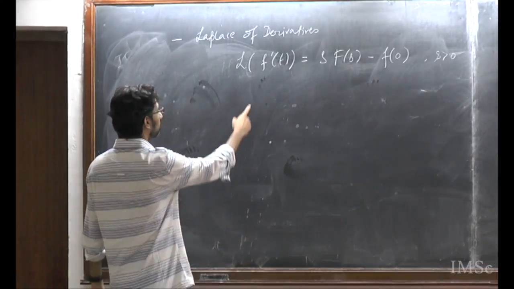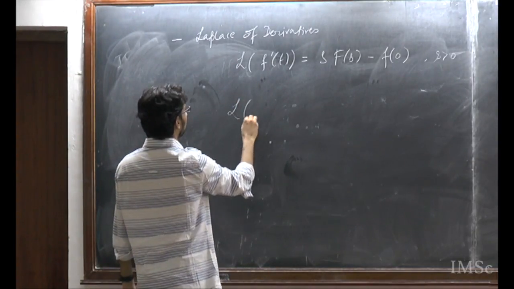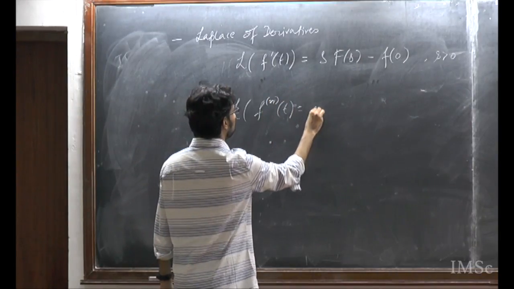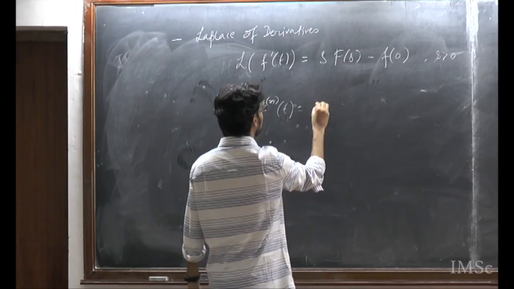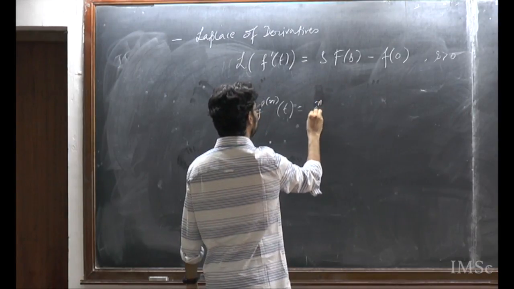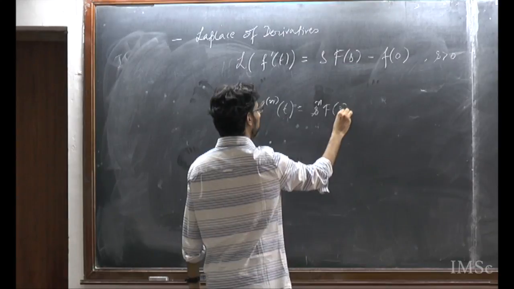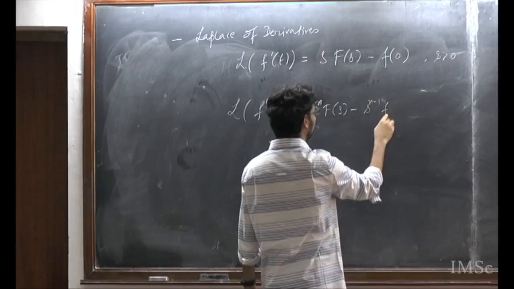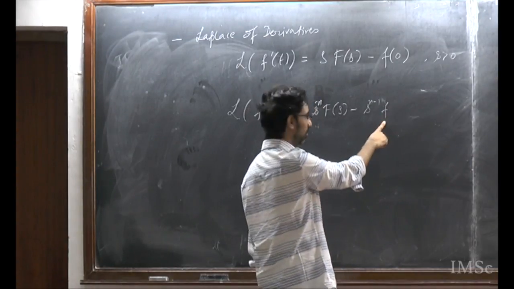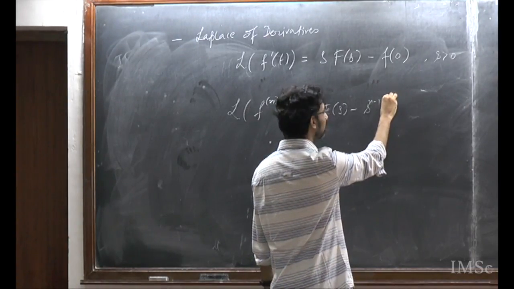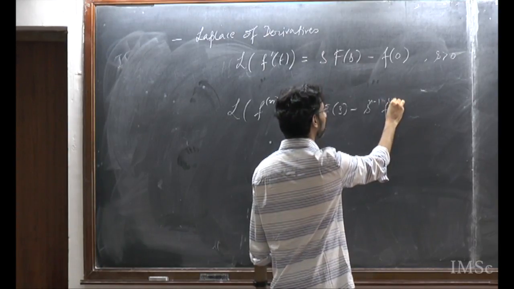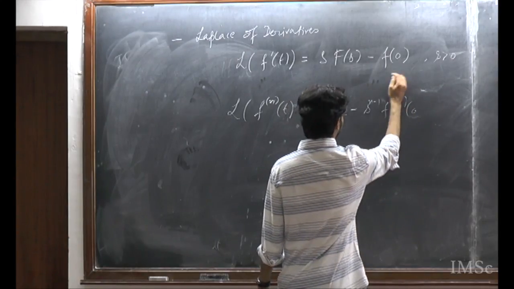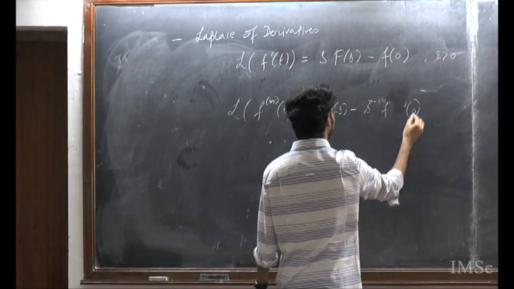Okay. So we can generalize this for n terms: s to the n F(s) minus, small f or capital F? Small f. What was it? Derivative, no? Yes, f(0).